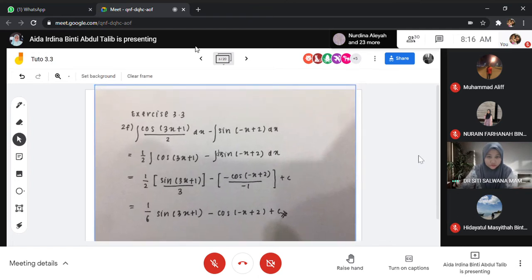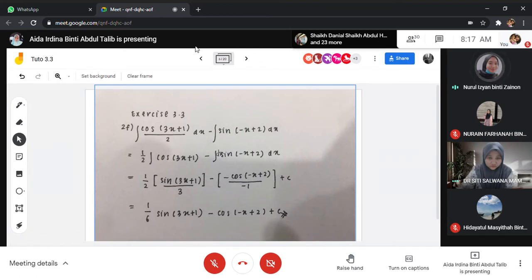Okay, so we need to integrate cos 3x plus 1 over 2 dx minus sin negative x plus 2 dx. So keluarkan over 2 ni keluar jadi 1 over 2 cos 3x plus 1 minus yang ni ada dx kat sini, negative sin negative x plus 2 dx.